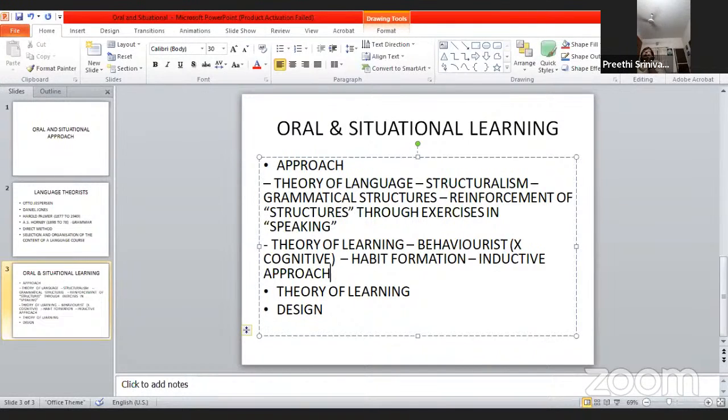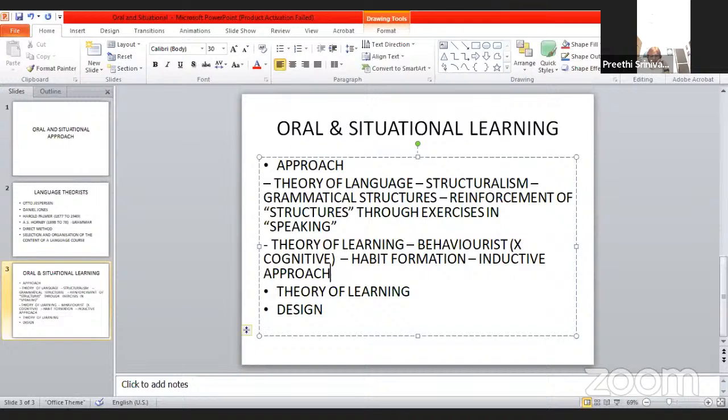So if you're given these structures repeatedly, yes, you form a habit, but the habit is not dead habit. It's not entirely mechanical. In your mind, you try to recognize structures. So there's an element of cognition, an element of understanding, and so it is also an inductive approach.